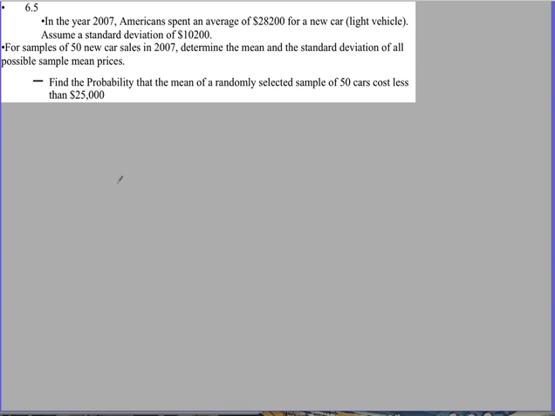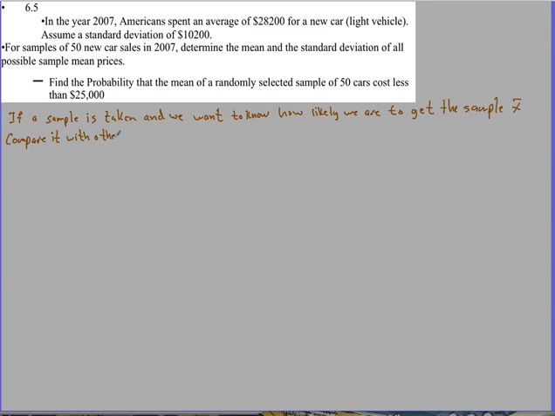Now 6.5 is a little extension of what we just did. Now what's important to know is if a sample is taken and we want to know how likely we are to get the sample mean or proportion, how likely we are to get the sample x bar, that means we need to compare it with other sample means.